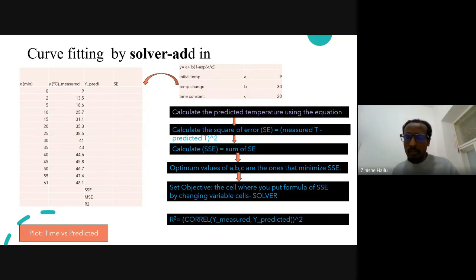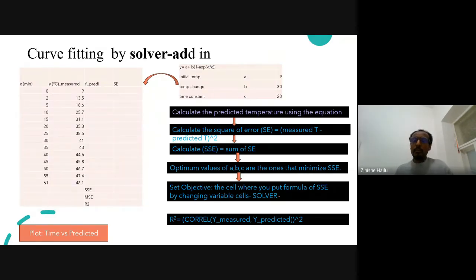First, we calculate the predicted temperature using this theoretical formula. Then we take the measured value, subtract the predicted value, and square it to get the squared error, and then we sum all of these to get the sum of squared errors.